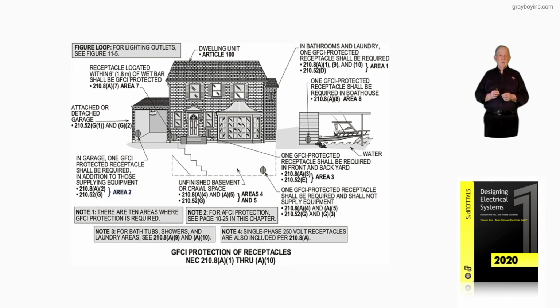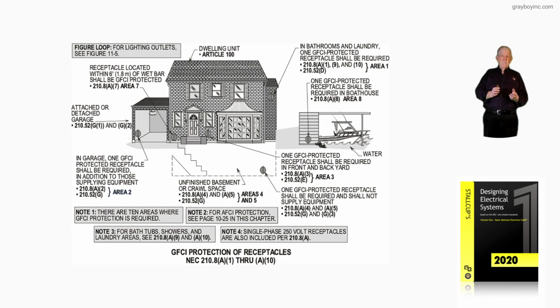And then, of course, we've talked about the attached or detached garage in accordance with 210.52(G)(1) and (G)(2) in gray. And then, of course, the receptacle outside now has to be GFCI protected. But if you had a wet bar and you have a receptacle within 6 foot of that wet bar, it too would have to be GFCI protected.